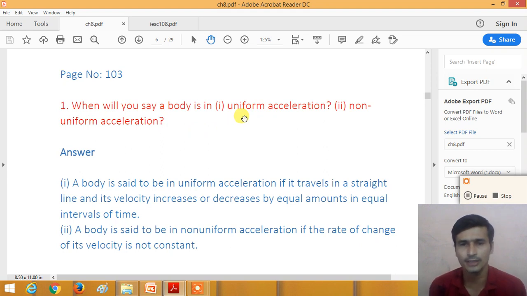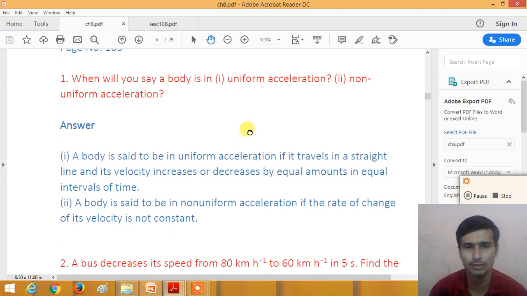Here is the definition of uniform accelerated motion and non-uniform accelerated motion. When the acceleration is constant, the motion is said to be uniform accelerated motion, and when the acceleration of the body keeps changing, the motion is said to be non-uniform accelerated motion.